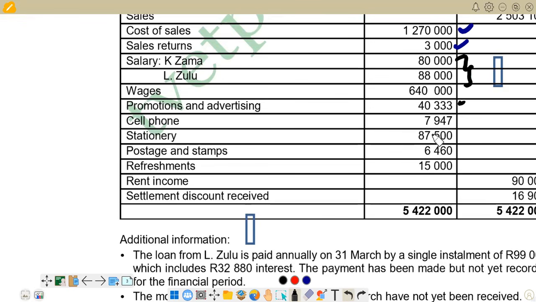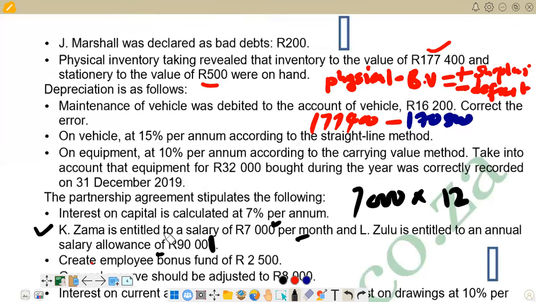The stationery that was used represents the expense. So what was bought minus what is still there gives us what was used. We say 87,500, then subtract what was there at the end of the year. We are told stationery to the value of 500 was on hand. So we subtract this 500.